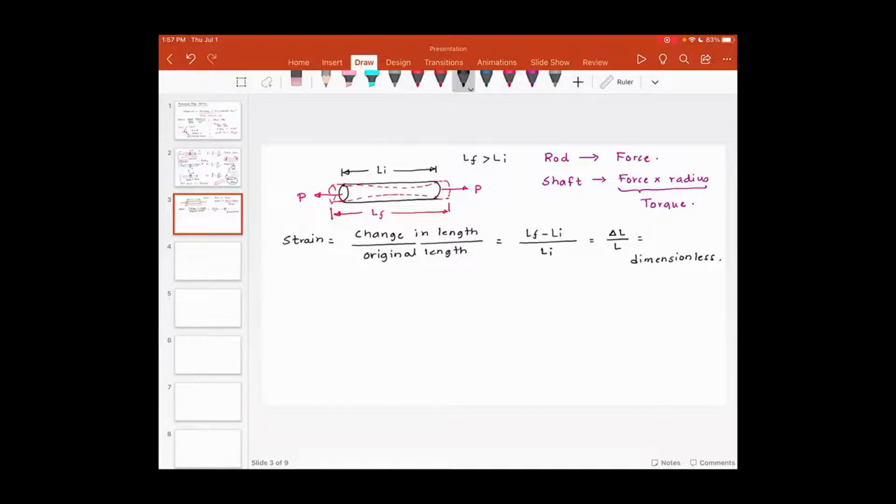The initial diameter is di and the final diameter is df. So this strain is called the longitudinal strain. This is epsilon L. Why is it called the longitudinal strain? Because this is in the direction of length.